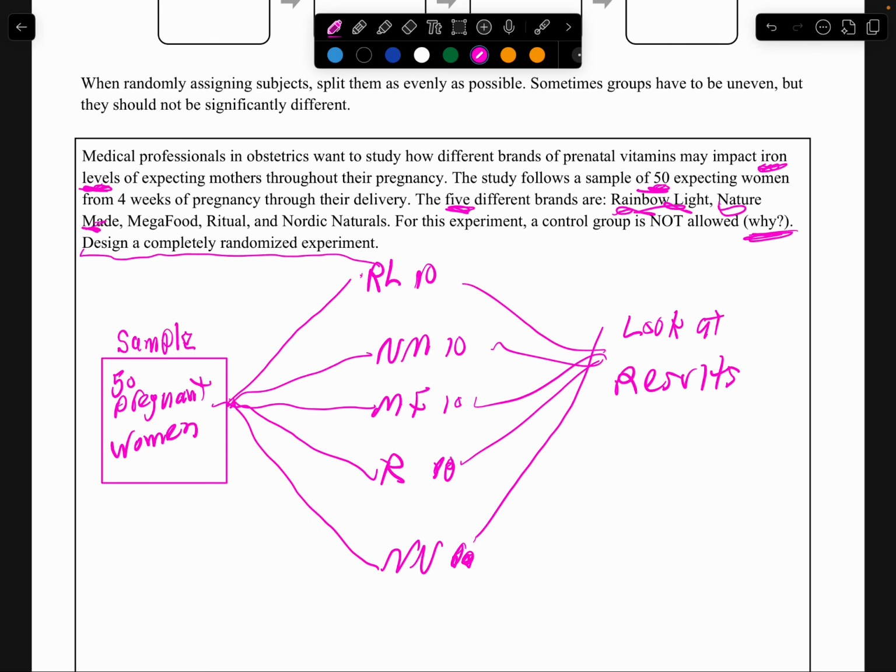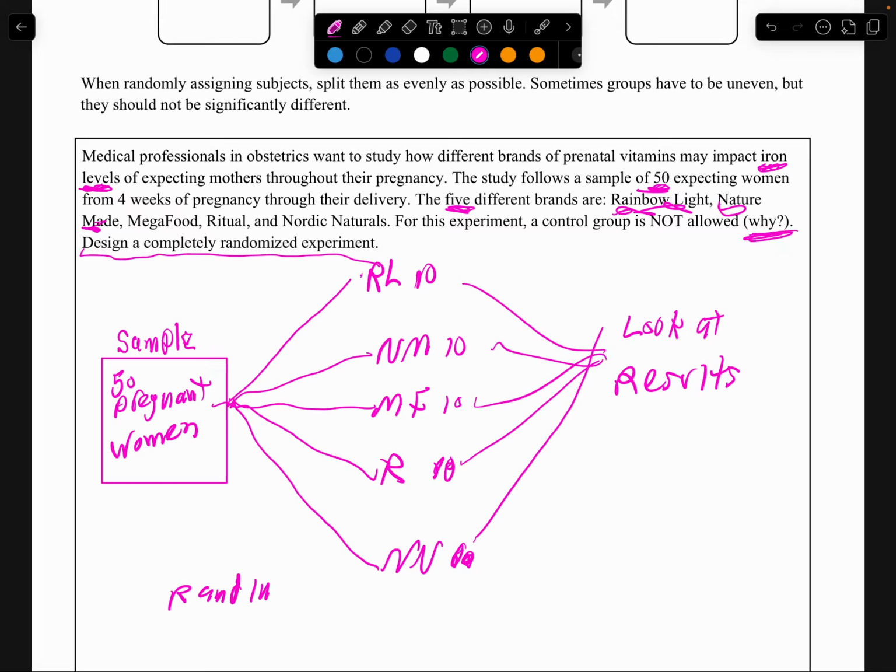We'd have to make sure that we randomly picked 10 women for each of those subgroups. We couldn't just say, okay, you 10 that are hanging out over here in this corner, because maybe they're all friends and they do things the same way and eat the same foods. You don't want to do that. You want to randomly pick 10, maybe assign numbers 0 through 49. Remember how we did that on the calculator?